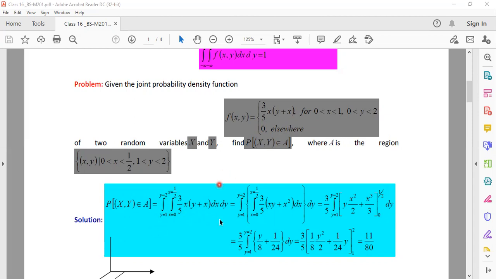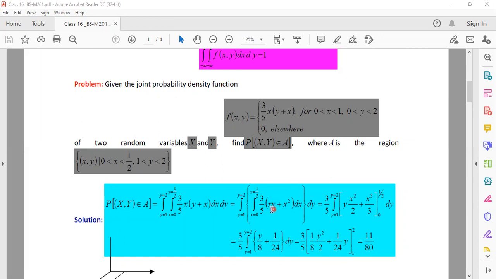So here what I'm going to do is integrate this function, which is written over here, with respect to x. Whenever we do such a thing, and the function is a function of two variables, remember this property: in the integration of the function 3/5 (xy + x²y), this quantity y will be treated as a constant.